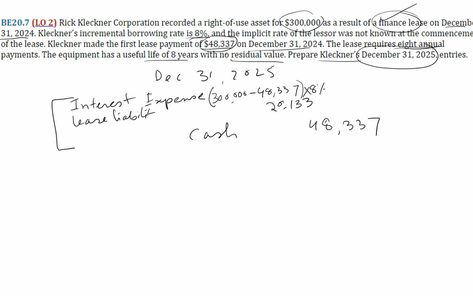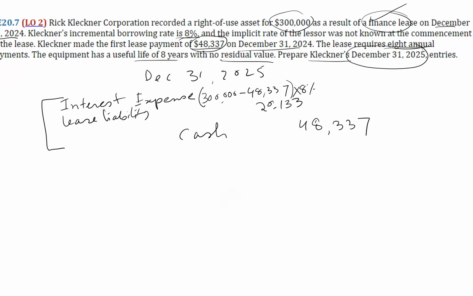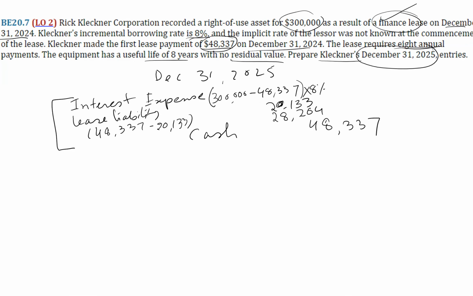The lease liability will be the difference between this installment, 48,337, minus the interest expense, 20,133. So the lease liability will be debited by $28,204. This is how you split the second lease installment payment, and both are happening on the last day, December 31st.